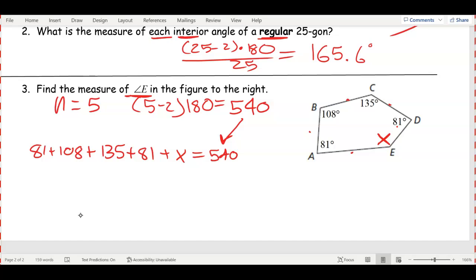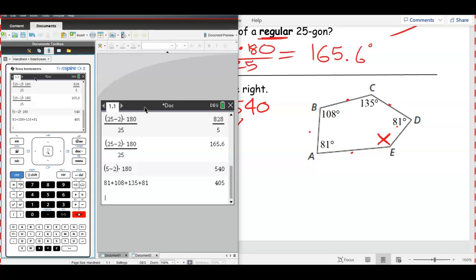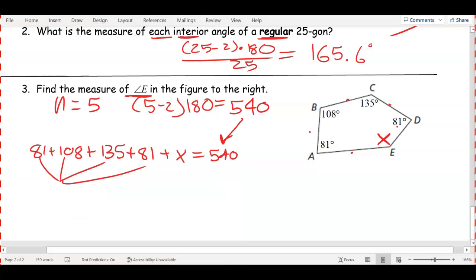Now, I set it up algebraically, but you might already know this. If you just add up the ones you know and subtract it from the total, you get what's missing, right? Well, that's what I'm going to do right now. Let's add up all 4 of these numbers, 81, 108, 135, and 81 again. I get 405. When I combine these 4 like terms, I get 405.